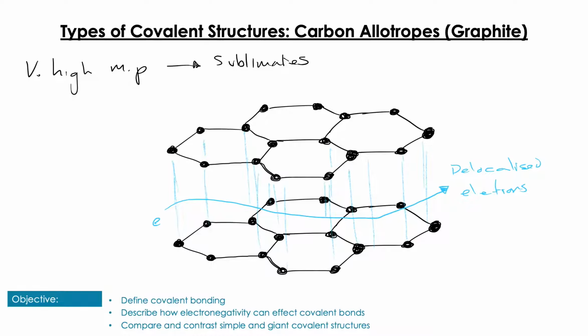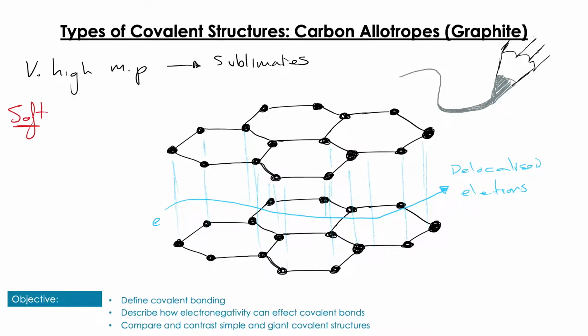However, this delocalized layer of electrons causes it to be soft, and that's why graphite is used in the lead of pencils, because it is easy to smear effectively that layer of graphite onto the page, which is what we associate with a pencil mark.